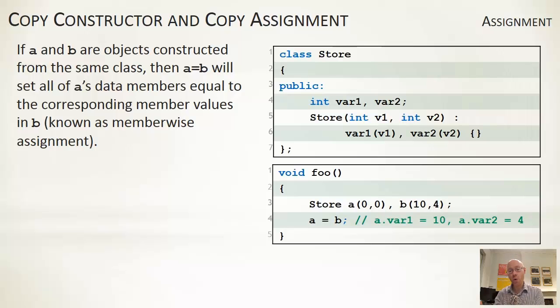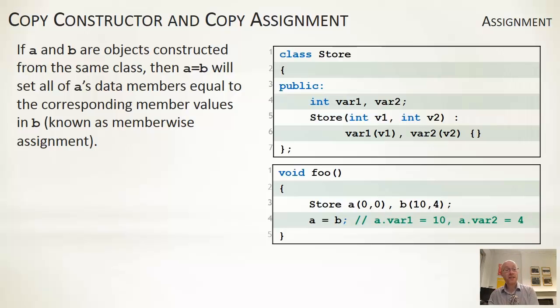You will know what variables you have declared within your class. So for store, we have var1 and var2. And when we do a copy constructor, all we want to achieve is to look at the variables within, let's say, B, and then copy those across to the corresponding variables within A. If we do that, then we have made a copy, what is known as a shallow copy of our first object.